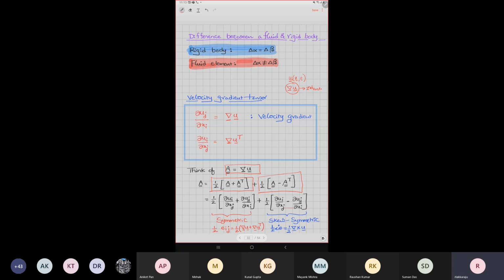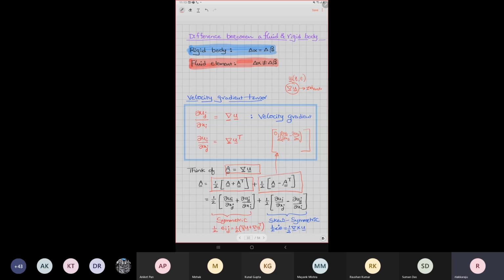When i is equal to j is equal to 1, the first component is 0: del u1 by del x1 minus del u1 by del x1. Now j increases to 2. That means what I am going to get is del u1 by del x2 minus del u2 by del x1, with half.